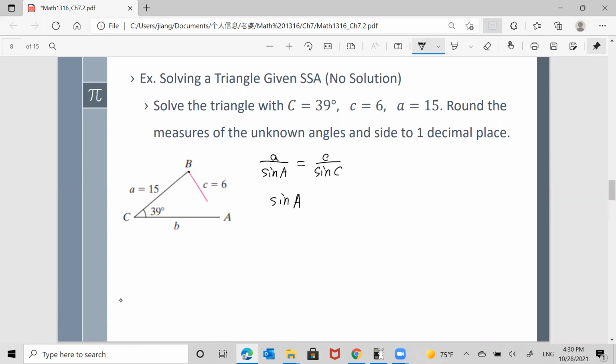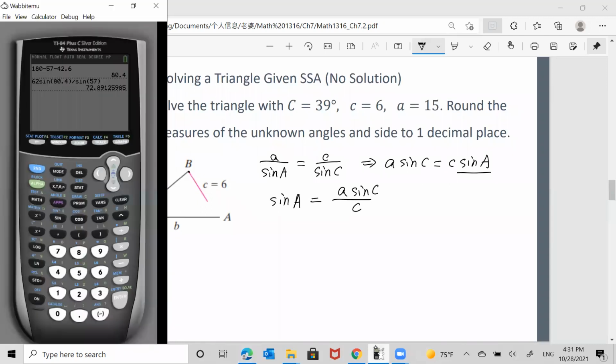That means a times this equals c times this. We can get a times sine C equals c times sine A. So if I isolate the sine A, I divide by c on both sides. So sine A equals a times sine C over c.